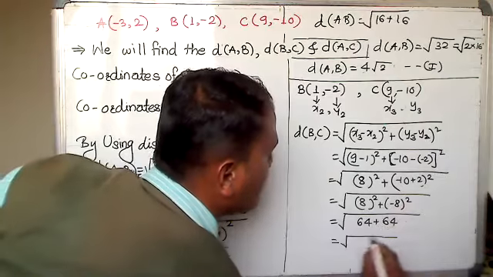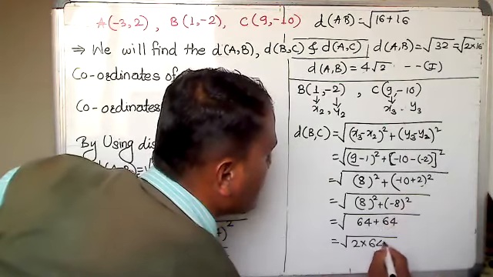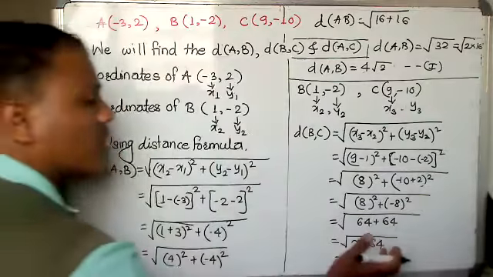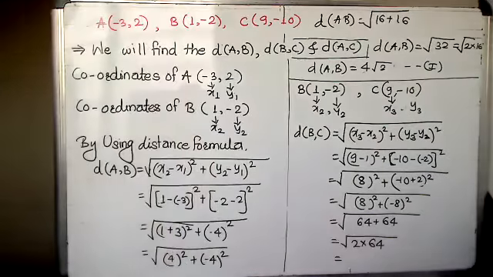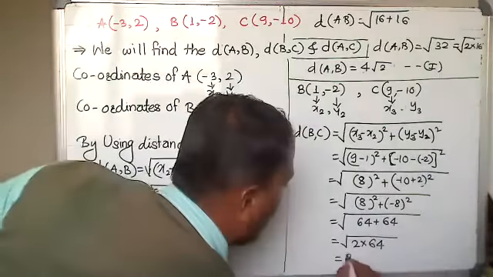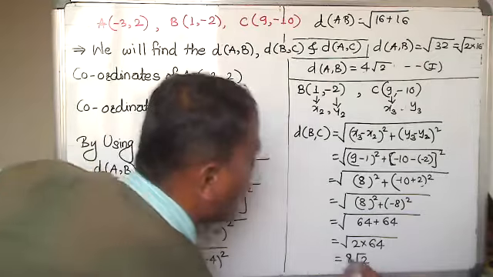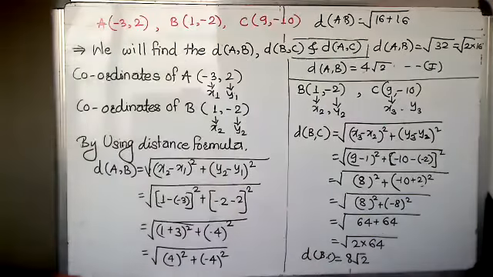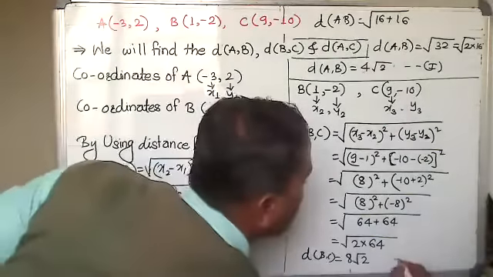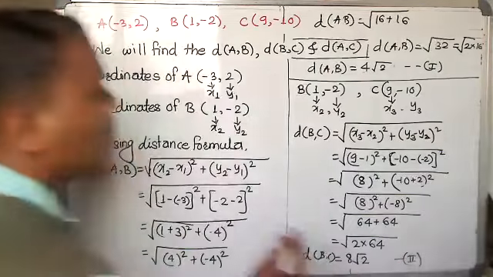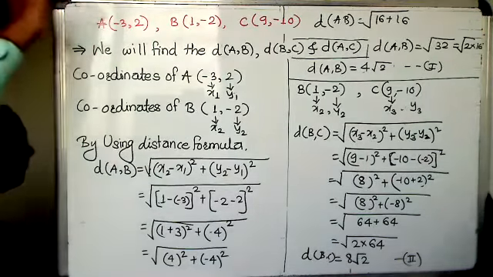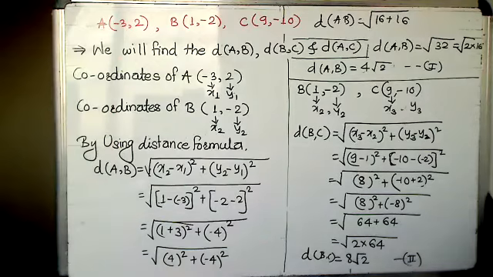Here I can write it as 2 into 64. Again I can take the square root of 64 outside the root sign. So 8 into root 2. So distance BC is 8 root 2. Now I am naming this as equation number 2.